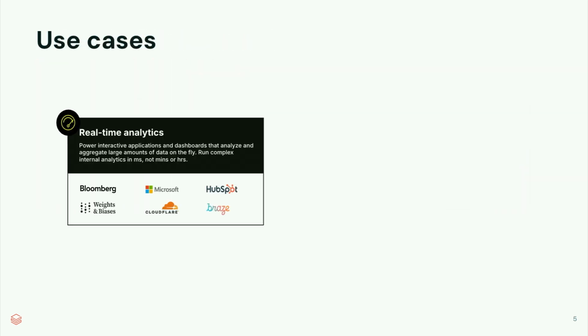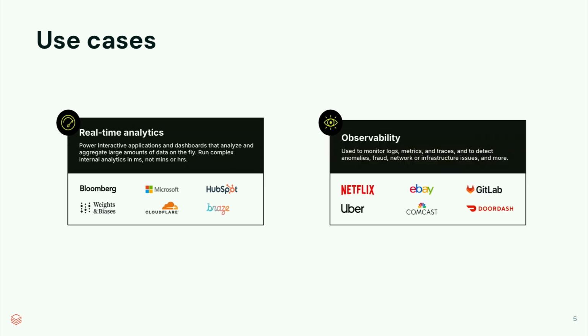There are two use cases that people are using ClickHouse for. The first one is real-time analytics. You store data in ClickHouse, and you want a query to power a dashboard or your application, and you want it to be extremely quick. The second use case, which is also very popular, is observability.